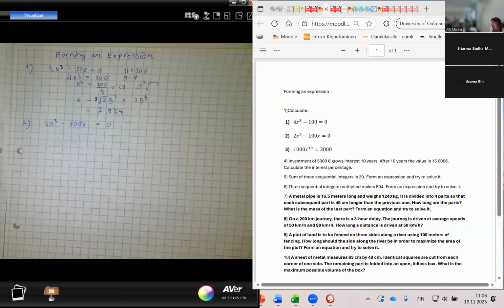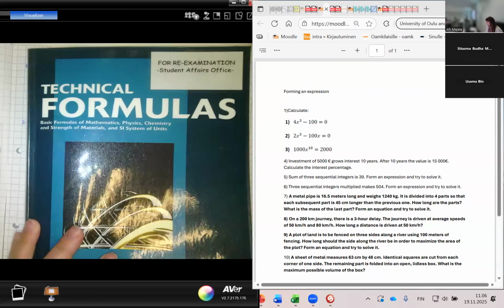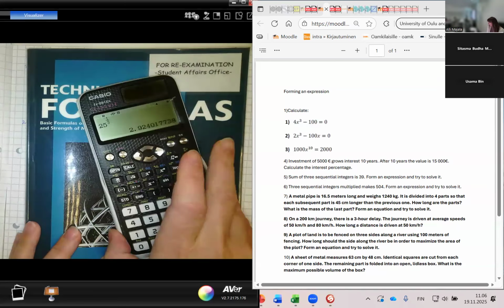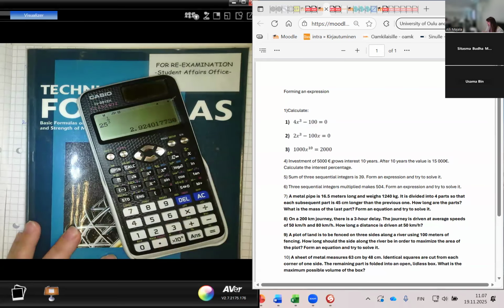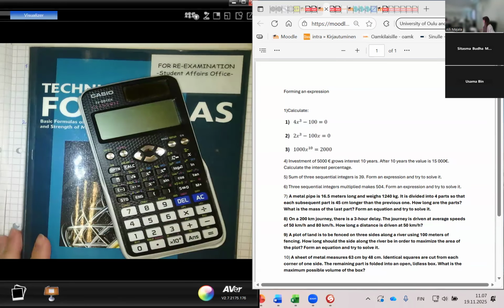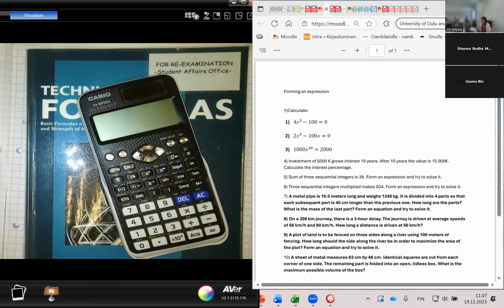Okay, so in the examinarium, don't take your clothes, don't take your phone. Just technical formulas, calculator, pens, maybe a rubber, and you can take this.